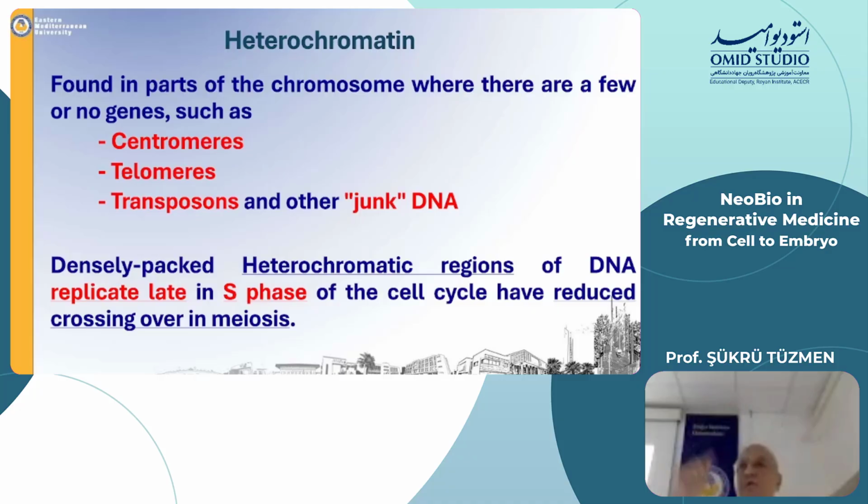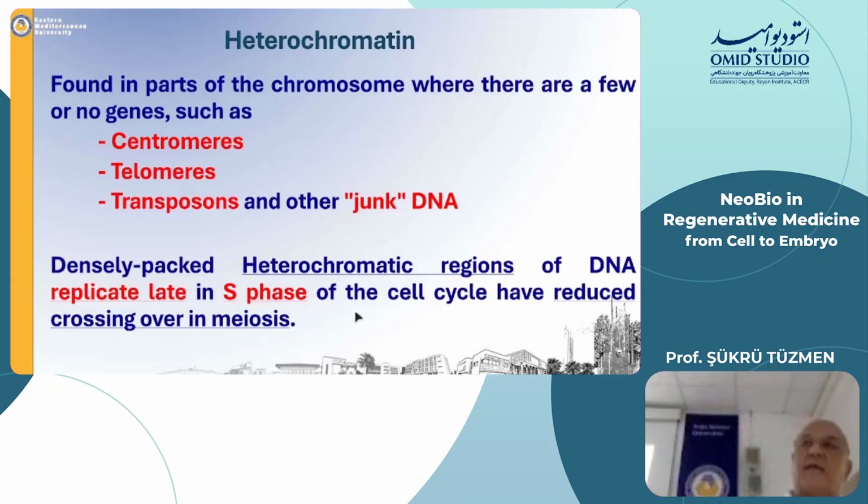Telomeres, again, are the top and bottom tips of the chromosomes. Transposons are the jumping genes, and junk DNA. All these nomenclatures refer to the parts of the chromosomes where there is little transcription taking place, as opposed to the euchromatic regions.